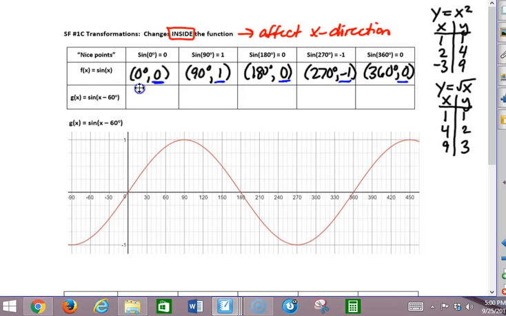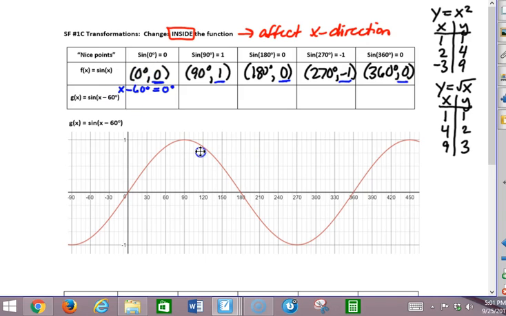But I can't just put 0 in for x now. If I put 0 in for x, I would get sine of 0 minus 60 degrees, sine of -60, which would not give me 0. What I want to do is pick a value of x that would give me 0 for y. In other words, I need x minus 60 to equal 0 degrees so that I get 0 for y.